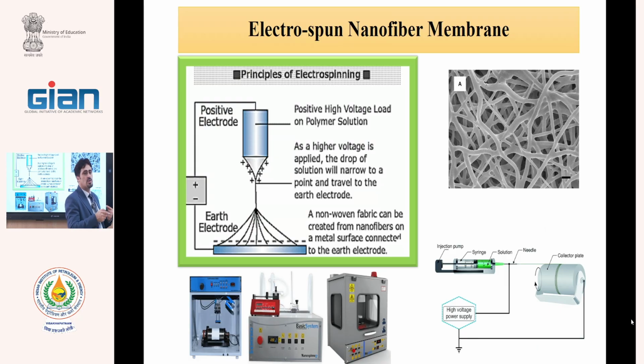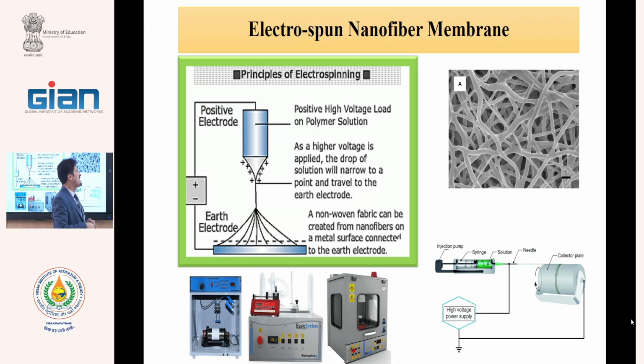Therefore, we must use solvents with high volatile properties. That means the boiling point of the solvent should be low. Usually we use a mix of acetone with DMF, acetone with THF, acetone with NMP. Acetone is very rapidly volatile.